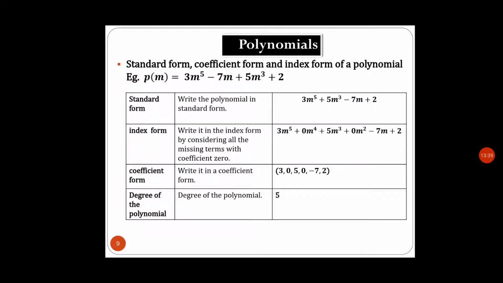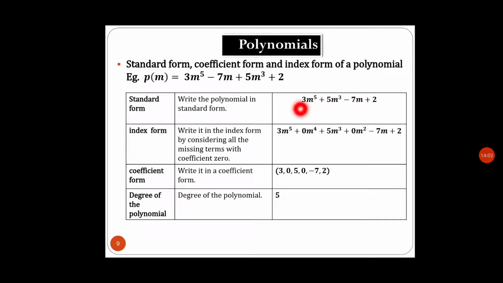Now we see the example. First is the standard form. First we write the polynomial in standard form, which means we rearrange this polynomial 3m^5 - 7m + 5m^3 + 2 in descending or ascending order of power.